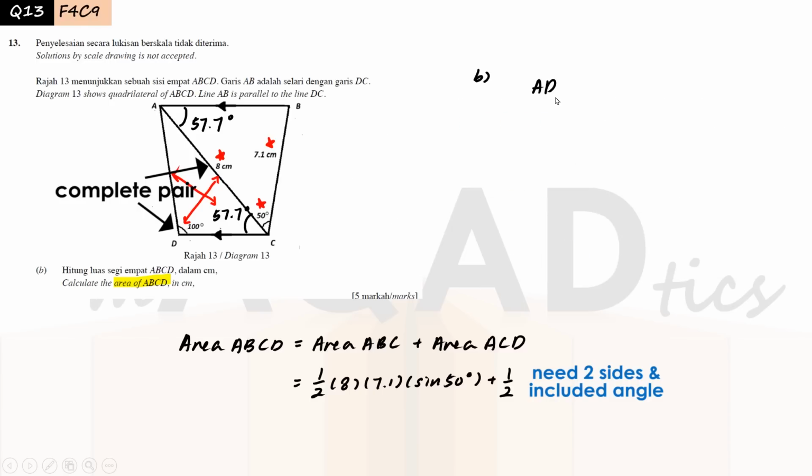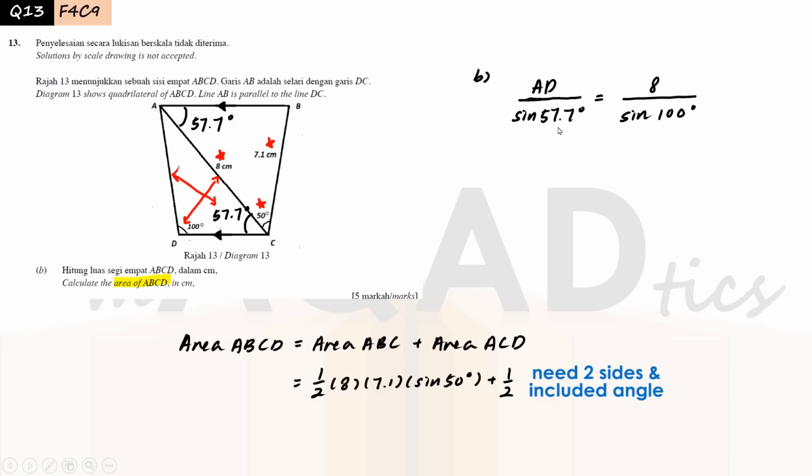For the top left here, I'm going to put the thing that we are trying to find, which is AD, and below I'm going to put its angle. So here will be sine 57.7, and on the right side I'm going to put the information from the pair, which is 8 divided by sine 100. So I simplify everything. AD will be 6.866. Now we have the two sides already.